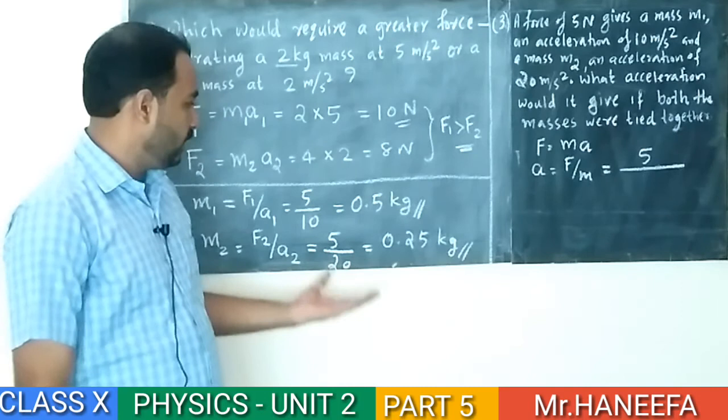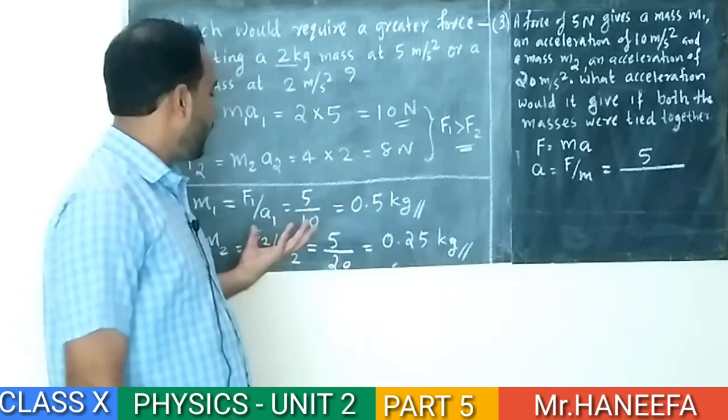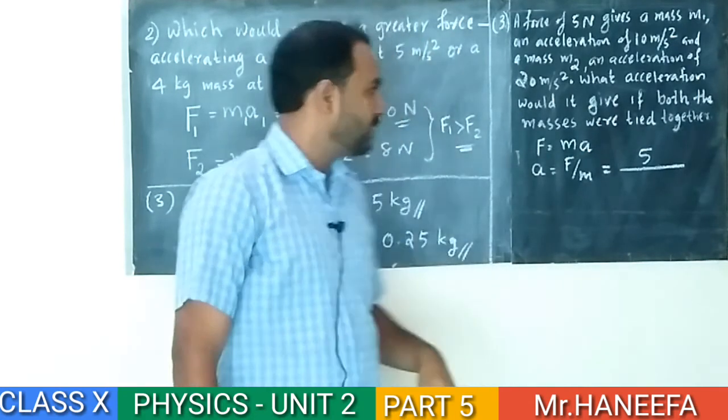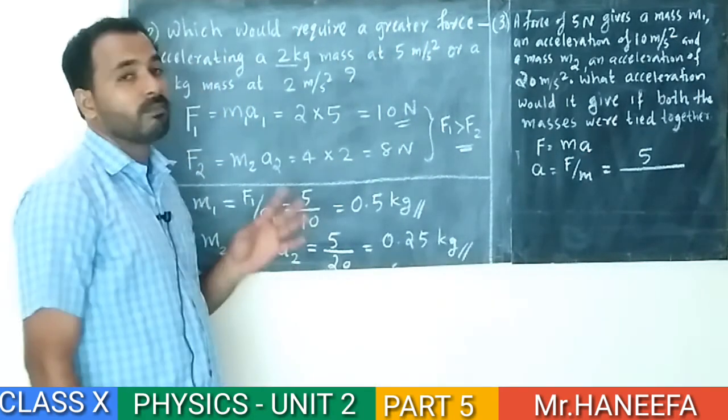Then if both the masses are tied together, that means m1 plus m2.